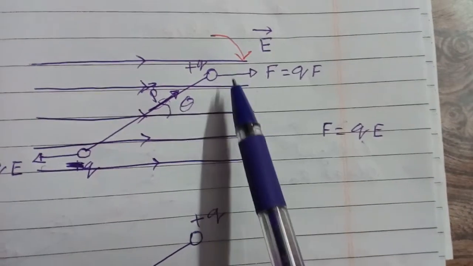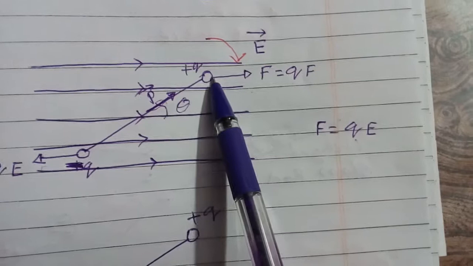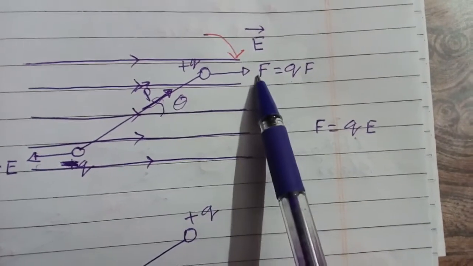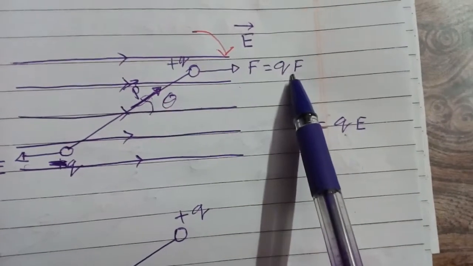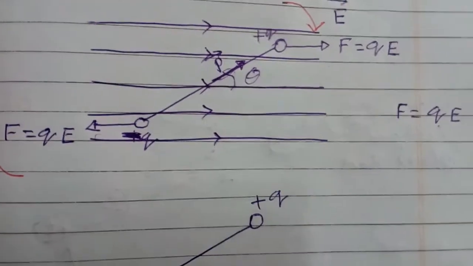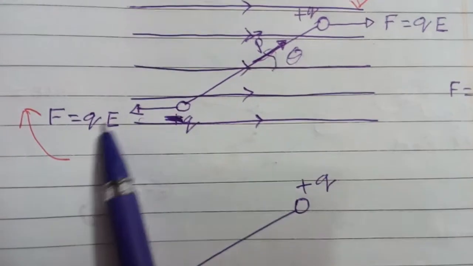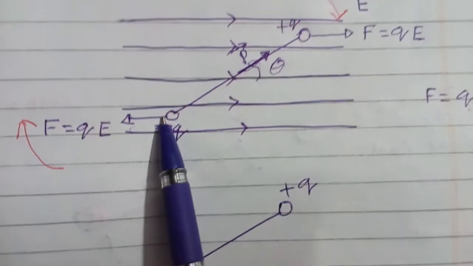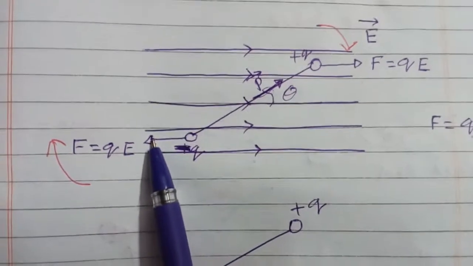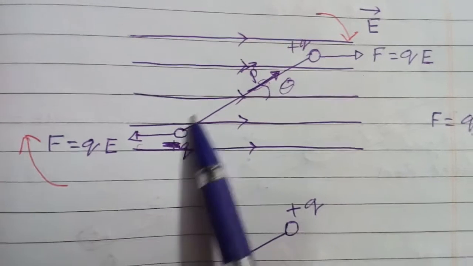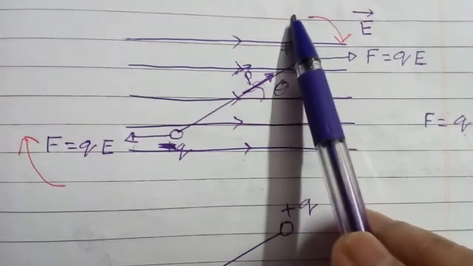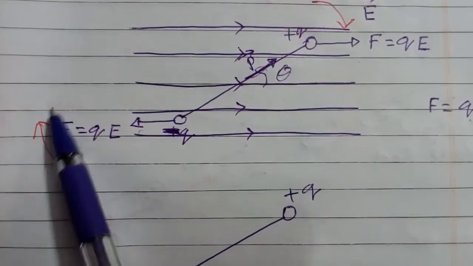So what happens? The plus q charge will experience a force in the direction of the field, F is equal to q into E. And the minus q charge will experience a force F is equal to q into E in the opposite direction of the field. Now these two forces try to align this dipole in the direction of the field.